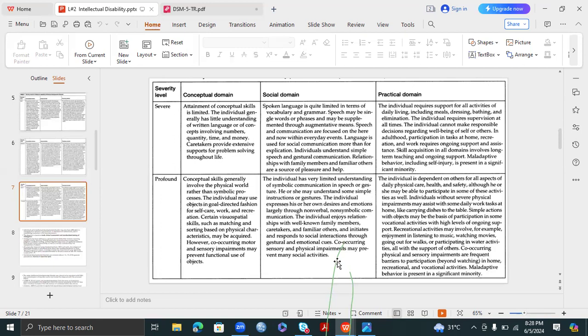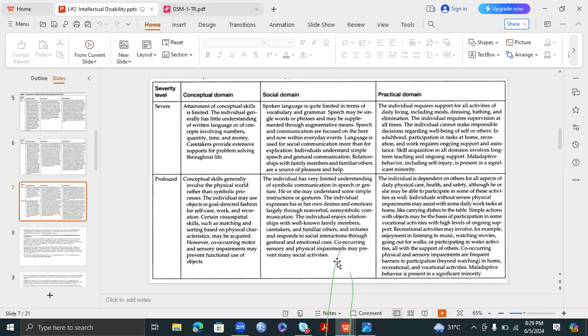Sometimes they may have some other coexisting disorder or problem as well, including genetic disorders like Down syndrome. So you have to be aware of this. The patient with the profound level of intellectual disability generally involves the physical world rather than symbolic processes. Conceptual skills are very limited in these kinds of individuals.